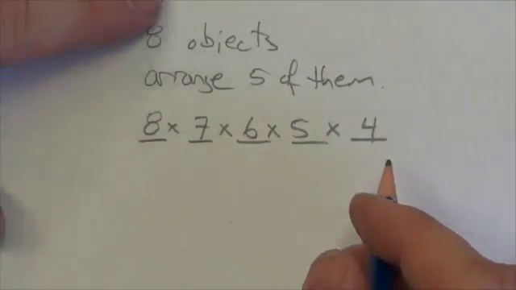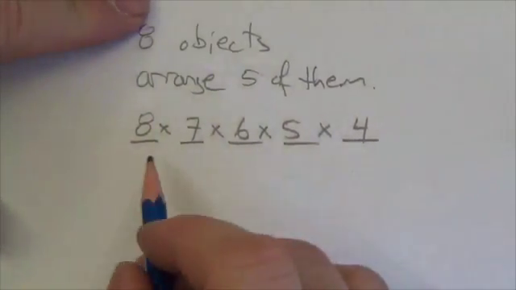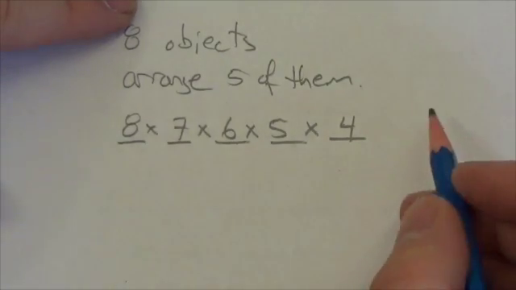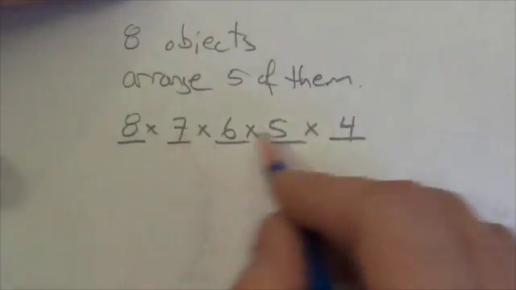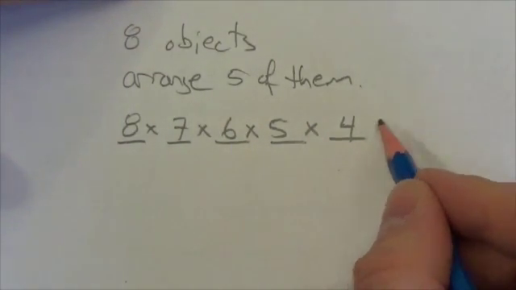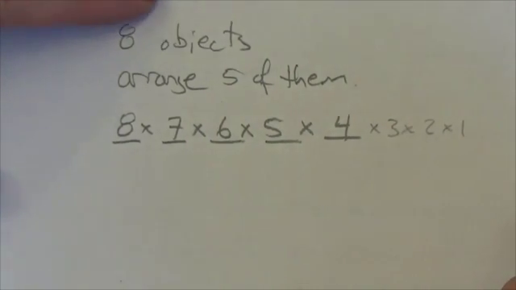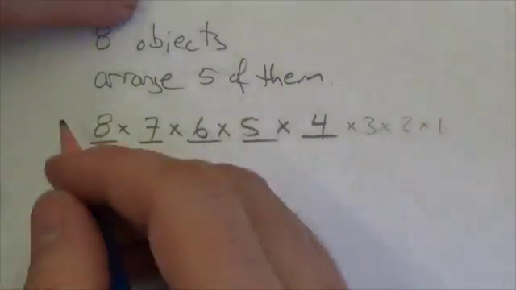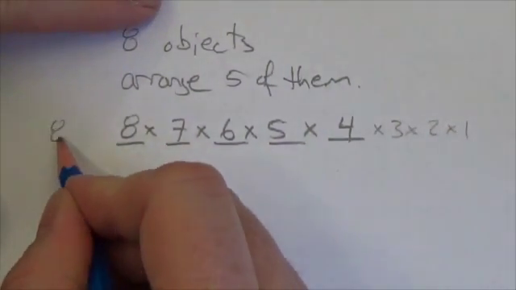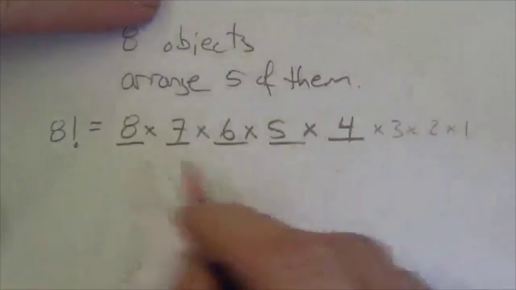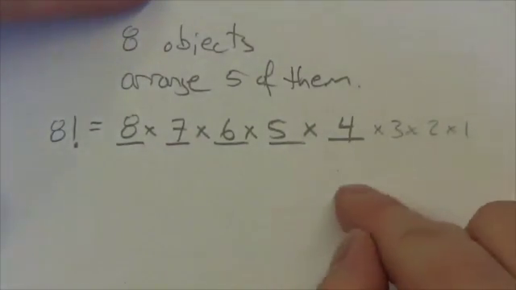Now, I want you to think about this. Take a look at what we've got here, and notice that this is the beginnings of 8 factorial. To finish that off, it would be multiplied by 3, multiplied by 2, multiplied by 1. So 8 factorial equals this right here, except that I don't want all 8 of them.